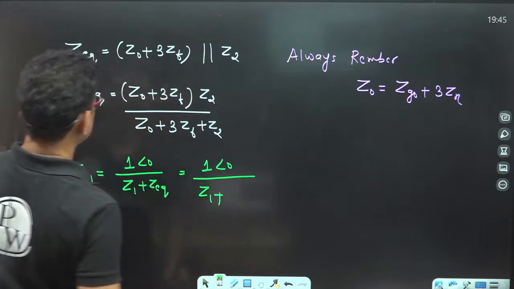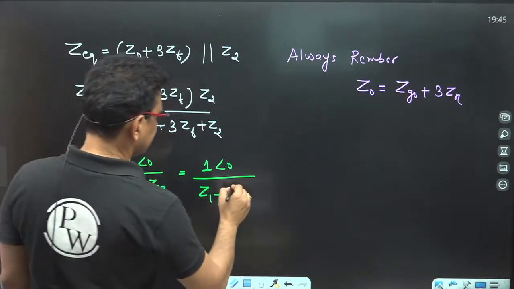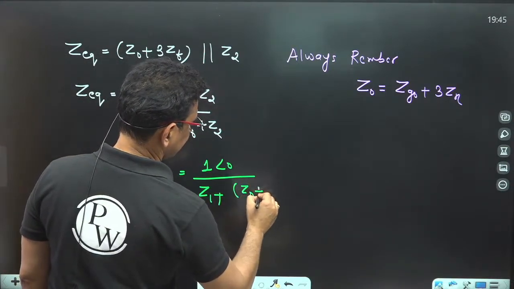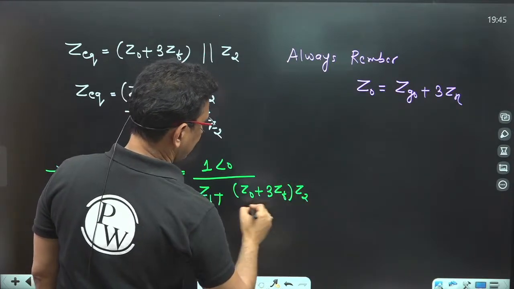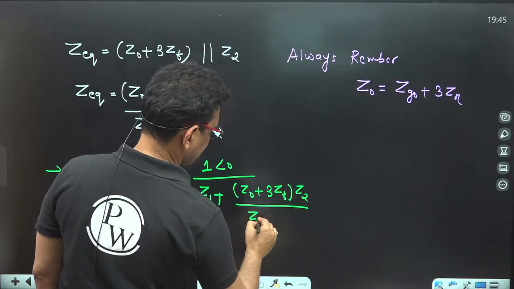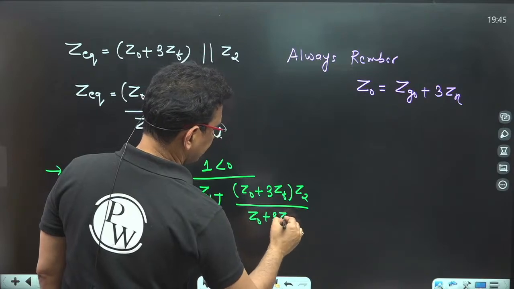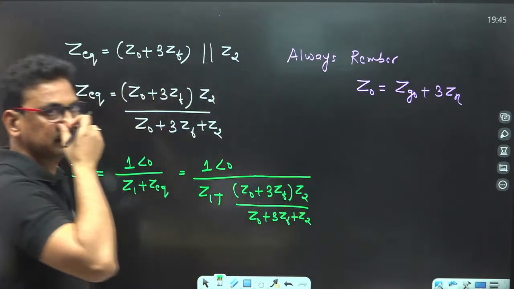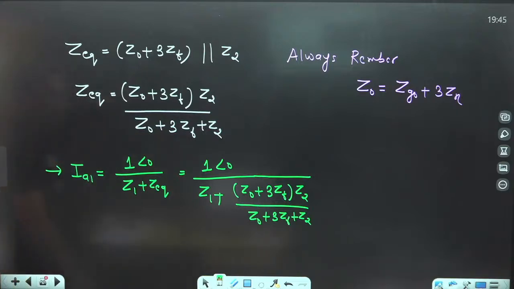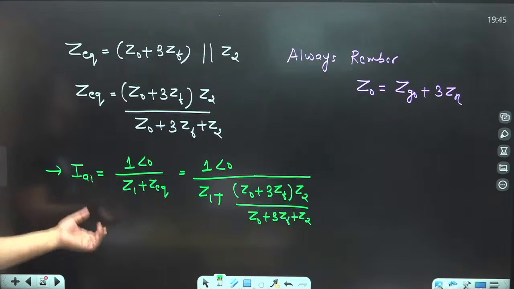Z1 plus Z equivalent is Z0 plus 3ZF multiplied by Z2, divided by Z0 plus 3ZF plus Z2. Is that clear? So this is how you can find out the positive sequence current.